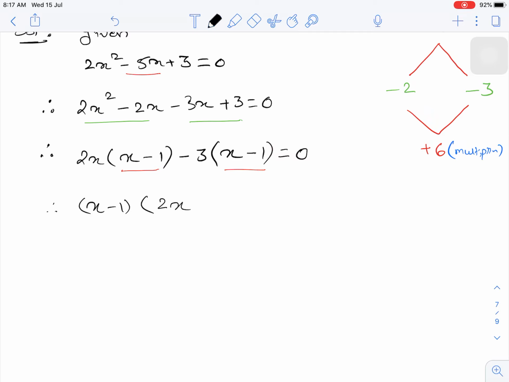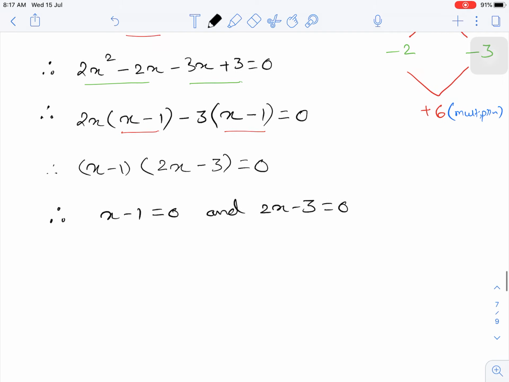That is minus 3, equals to 0. Since these both are factors, each of them will be equal to 0, so we can write x minus 1 equals to 0 and 2x minus 3 equals to 0.